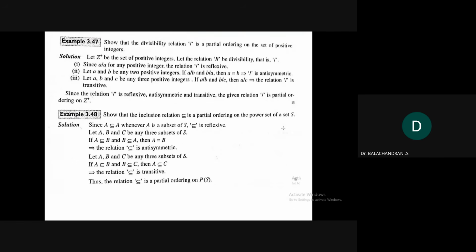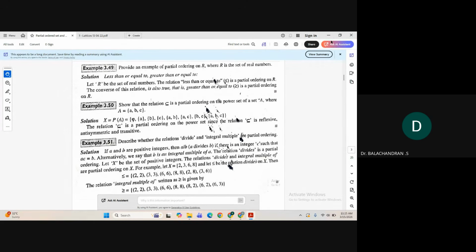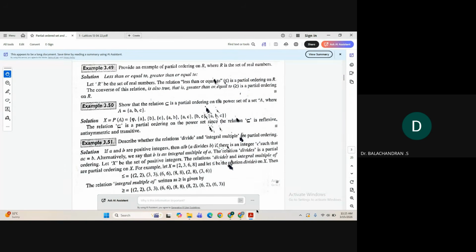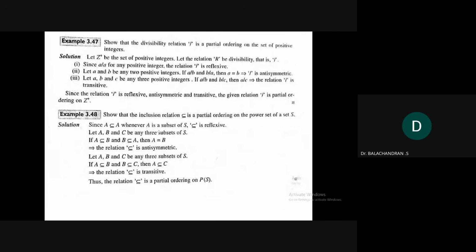Already in example 3.47, we discussed that divisibility on the set of positive integers is a partial ordering. Similarly here, as I told, the relation divisibility is a partial ordering on a set of positive integers.